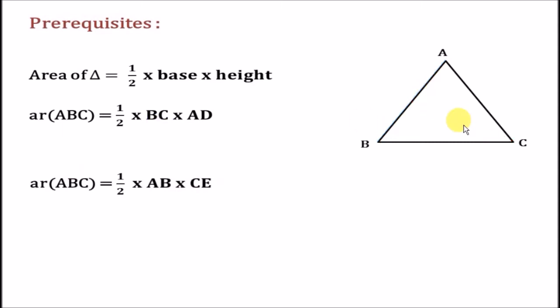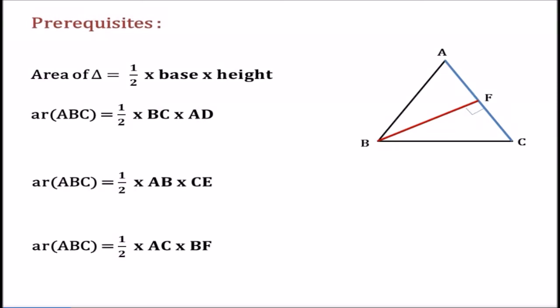Finally, we can consider the base of the triangle to be AC as well. The opposite vertex is vertex B, so the perpendicular will drop from B. Let's say the perpendicular over AC is BF, BF is perpendicular on AC. In this case, area of triangle ABC equals half into AC into BF.